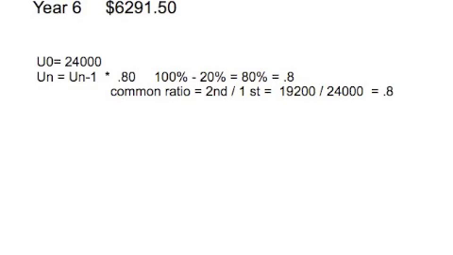Once we have a recursive formula, you're going to need to put this into your calculator. So remember, you must be in the sequence mode on your calculator, so press mode, change it to sequence mode, and then press the Y equal button. When you press the Y equal button, you're going to see a couple of things. The first thing you're going to see is N min.